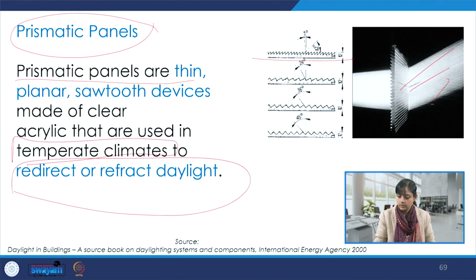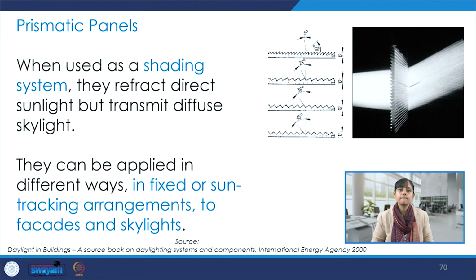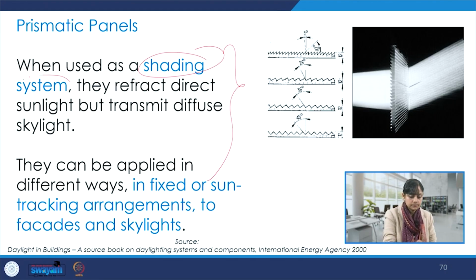We see over here, these kinds of panels are available. When used as a shading system, they refract direct sunlight but transmit diffuse skylight. So also used as a shading system. They can be applied in different ways in fixed or sun tracking arrangements to facades and skylights.